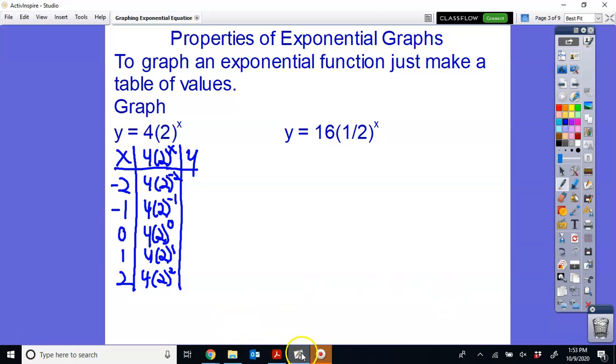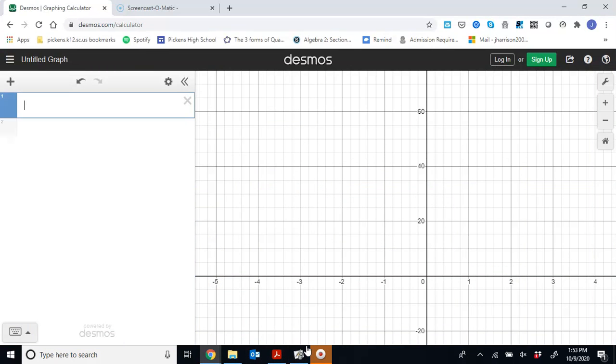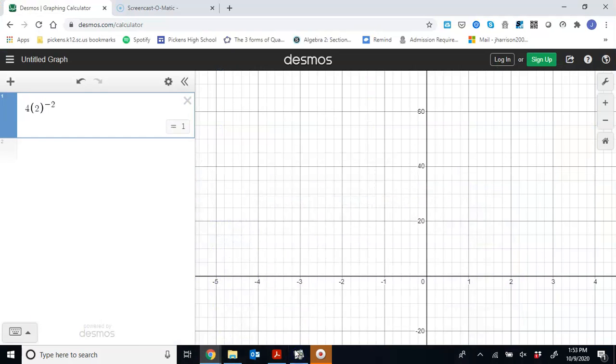So you would just go to the calculator and type this in. You would go, okay, I'm going to do 4 times 2, raise that to the -2nd power, and it gives me 1. Then I'm going to do the same thing again, but this time I'm going to raise it to the -1st power. That gives me 2.